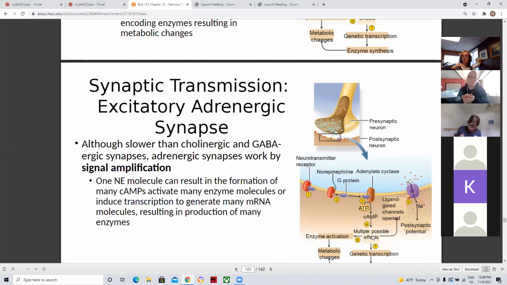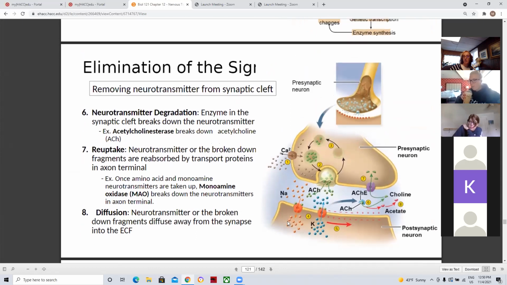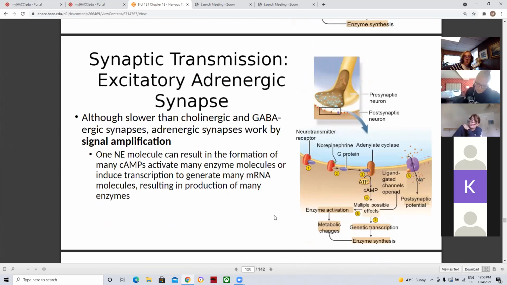So one neurotransmitter molecule like norepinephrine can result in the formation of multiple cyclic AMPs that then go on to do multiple things and activate multiple signaling cascades. So these synapses are involved in signal amplification. Questions?